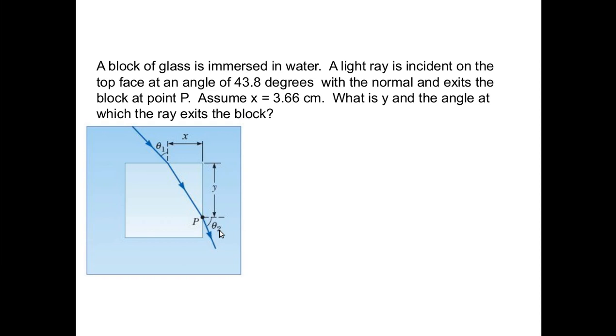Now the diagram kind of messes us up, because I want to use theta 1 here and then theta 2 here. But I'll work out some other notation so it's not too confusing. So we've got Snell's law twice. I'm going to find theta 2, and I'm going to find this angle's complement too, just so I can describe the direction of the final refracted ray after it exits the block.